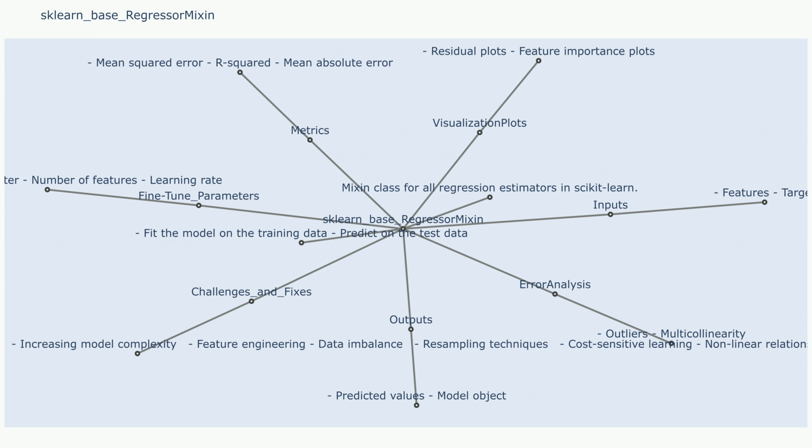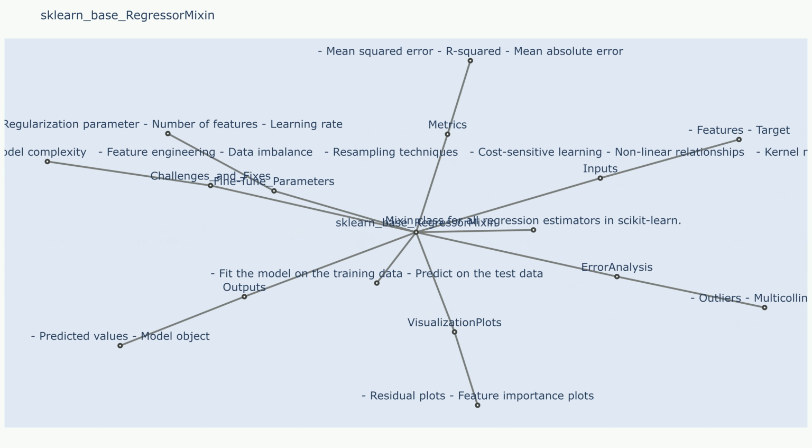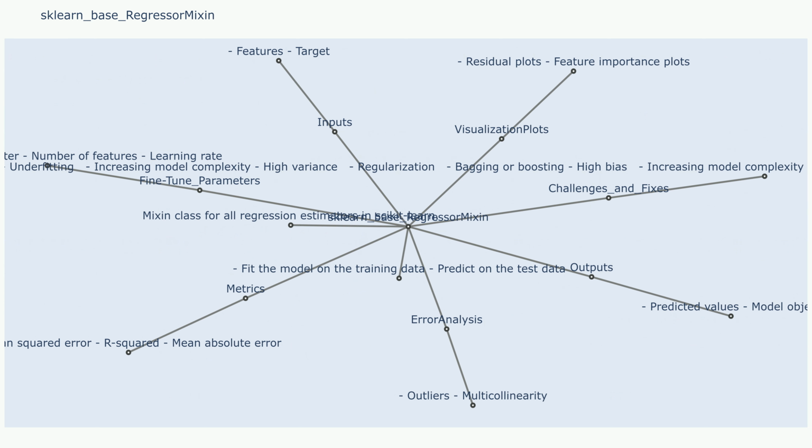Steps. Initialization. The RegressorMixin class is typically inherited by specific regression models, like LinearRegression, DecisionTreeRegressor, etc. When initializing these models, you might configure certain parameters like regularization strength, tree depth, etc. Fitting.